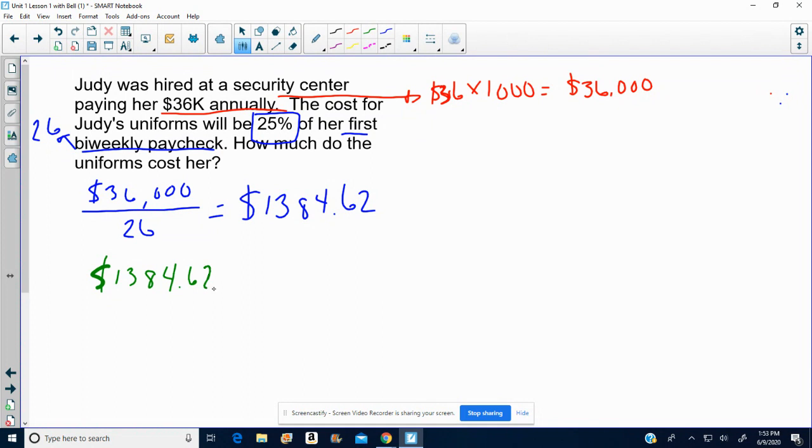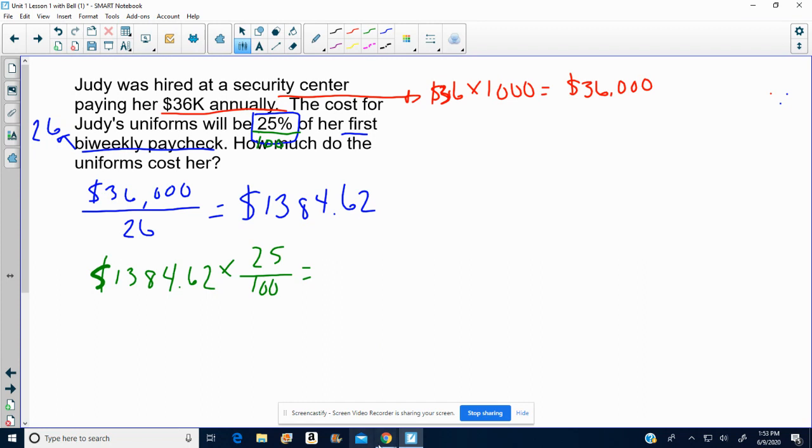And I'm going to multiply it by 25%. Now, the easiest trick that I have with this percentage is that anytime I see the word percent, it means out of 100. So I am going to actually multiply it by 25/100ths, and then I don't have to convert to a decimal, which is where we seem to struggle.